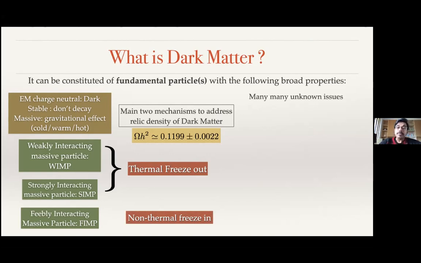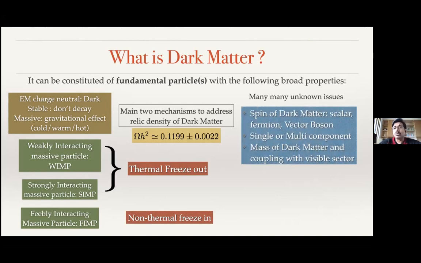Now, there are many unknowns about dark matter. We do not know what kind of particles can constitute the dark sector, like the spin of it, whether it's a single component or multi-component, what the mass of dark matter is, and what the coupling strength with the visible sector is. Essentially, the coupling strength with the visible sector classifies the dark matter into the categories which I just talked about.